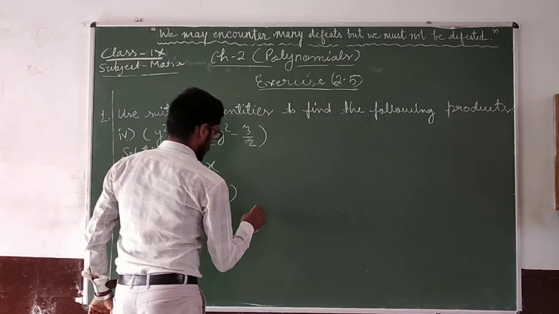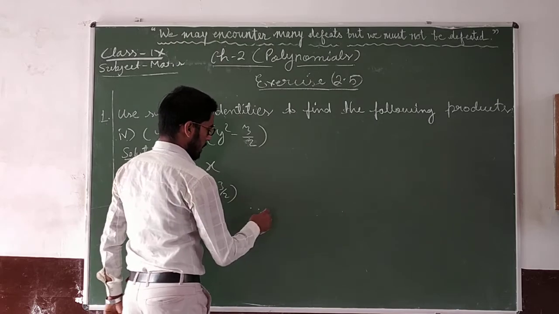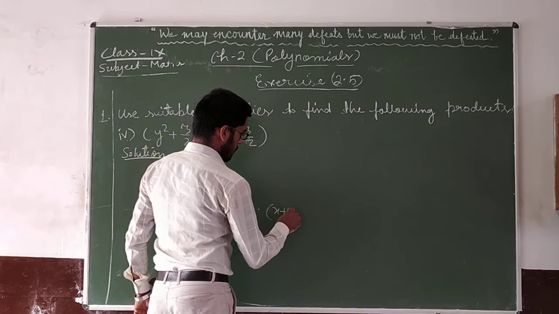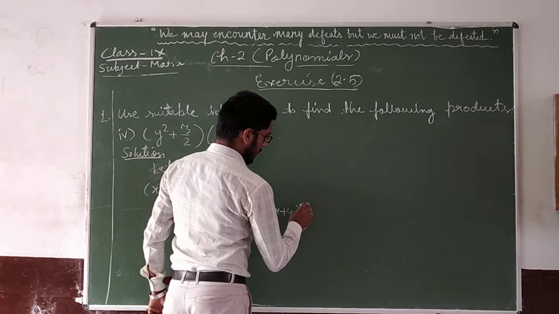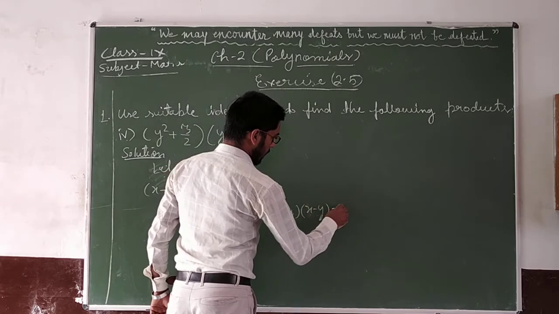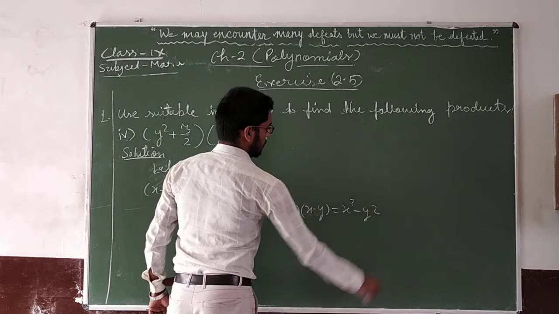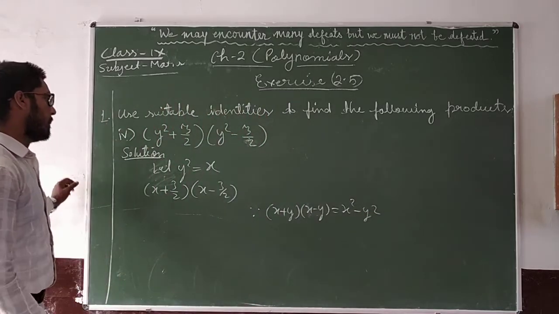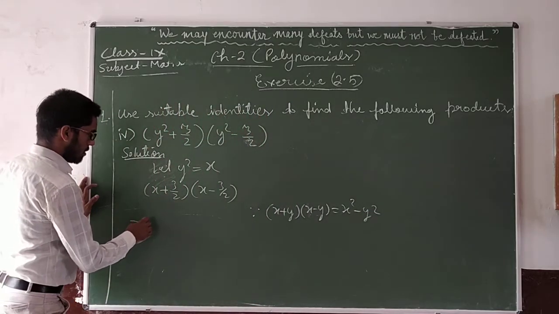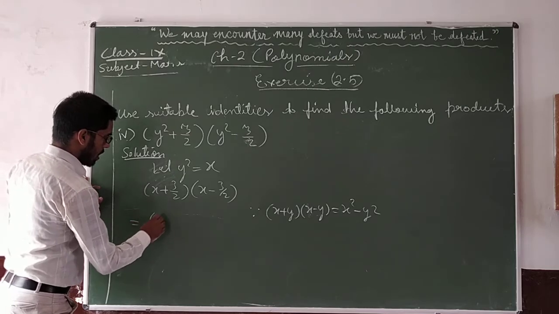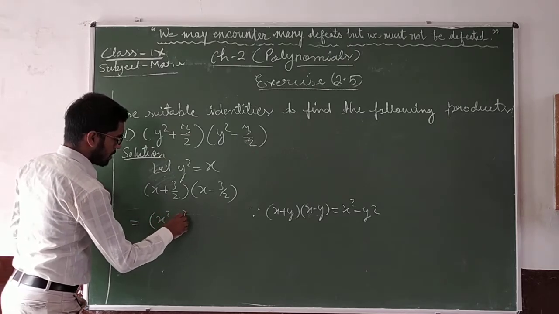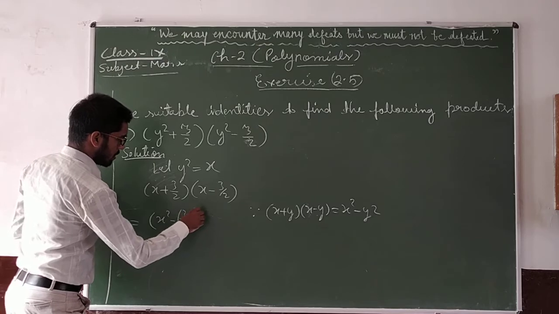Okay, you can implement the formula here, that is x plus y in one bracket and x minus y in another bracket, then x square minus y square. You can express like this. Okay. So it will be x square minus 3 by 2 the whole square.